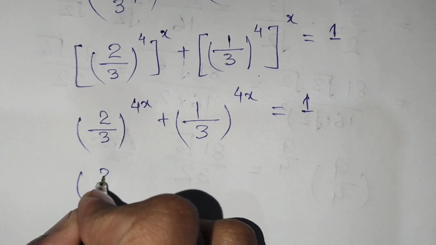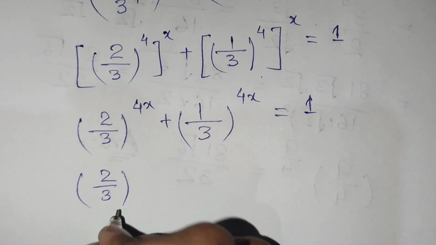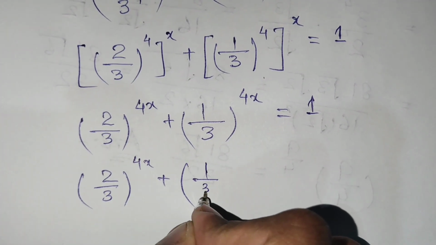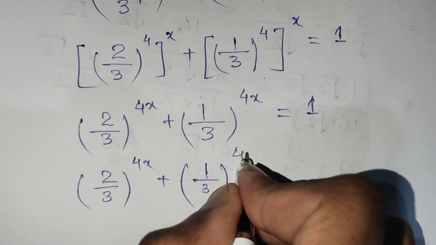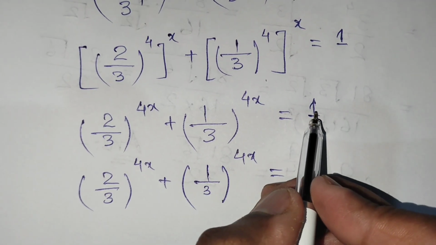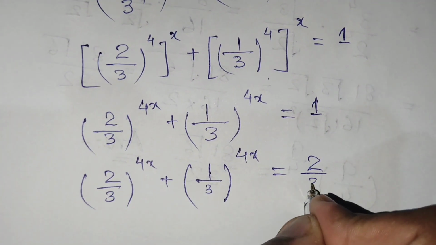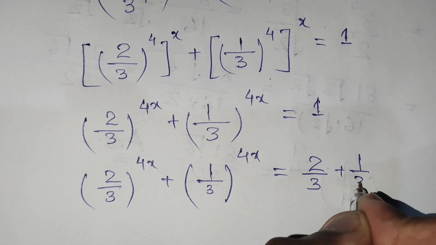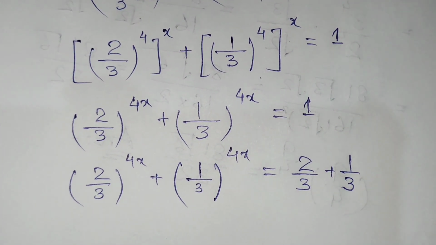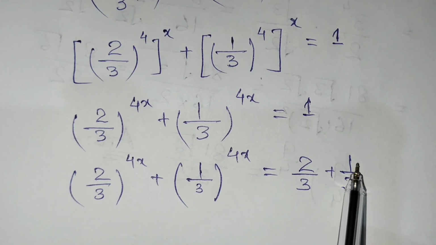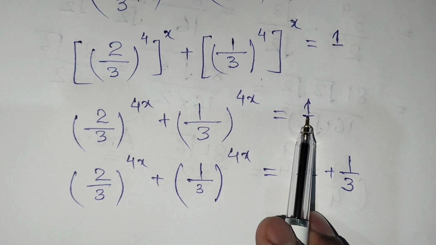We write this as 2 by 3 raised to the power 4x plus 1 by 3 raised to the power 4x equals, this 1 can be written as 2 by 3 plus 1 by 3. Is it okay? Because if we take 3 as LCM, then 2 plus 1 is 3, 3 by 3 is equal to 1.